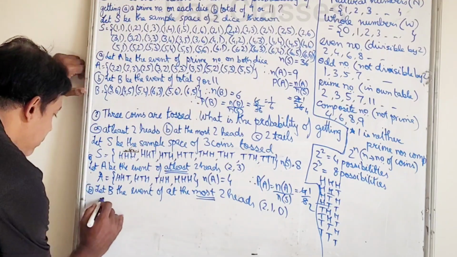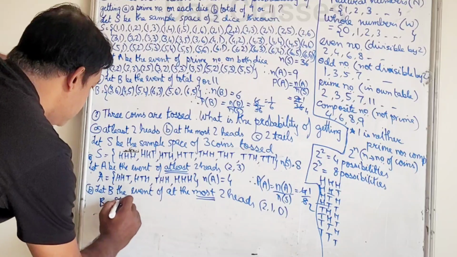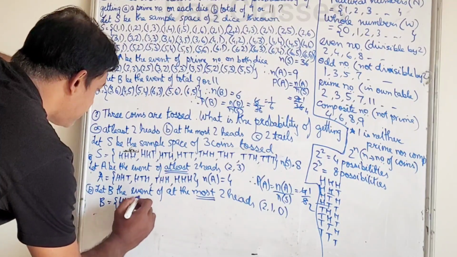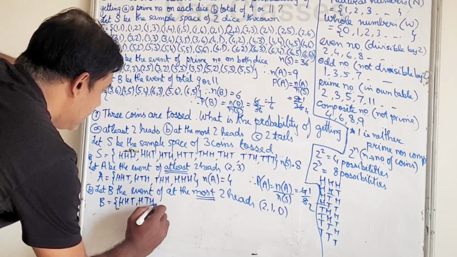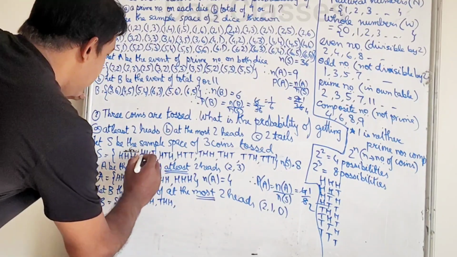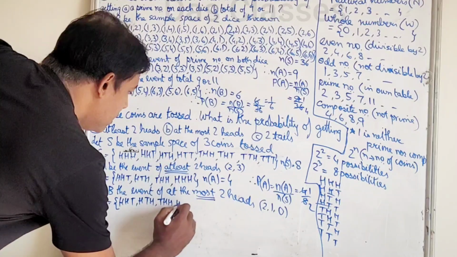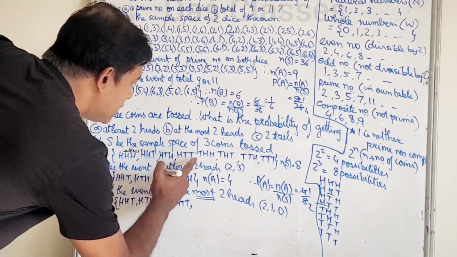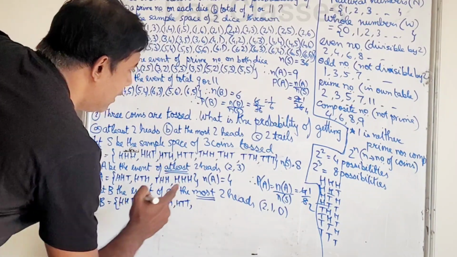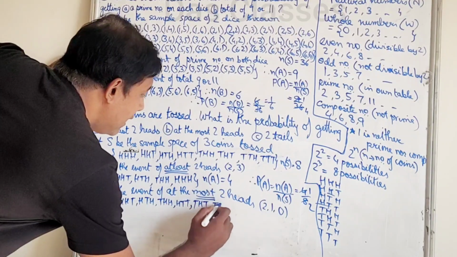So 2 heads is head, head, tail; head, tail, head; tail, head, head. This is the set of 2 heads. 1 head is this one, H. You have to just look into the sample space. Head, tail, tail, then tail, head, tail, and tail, tail, head.